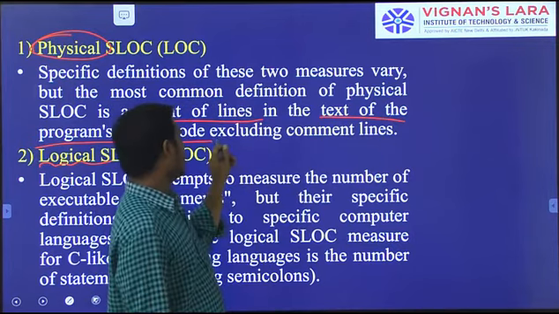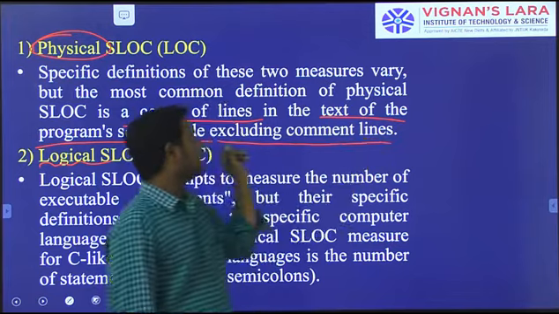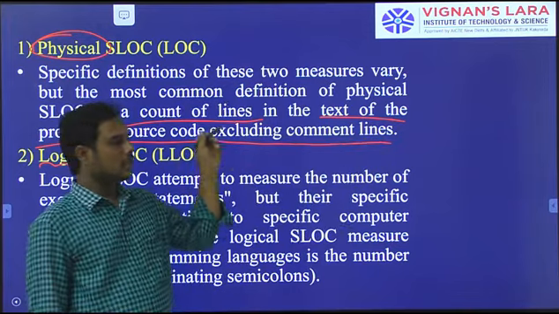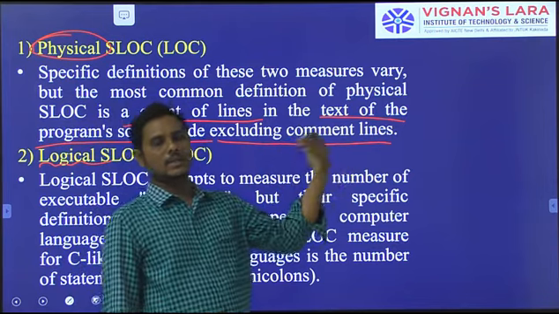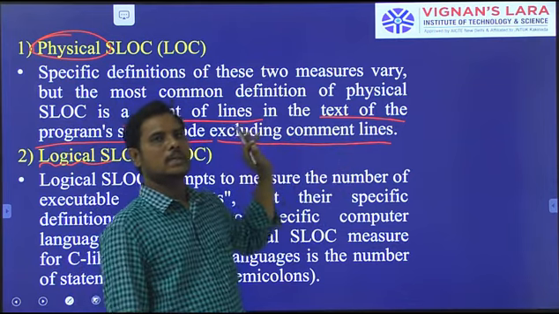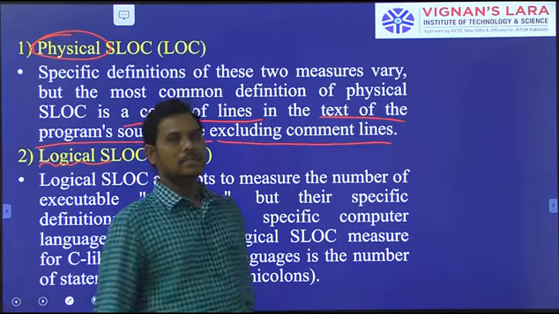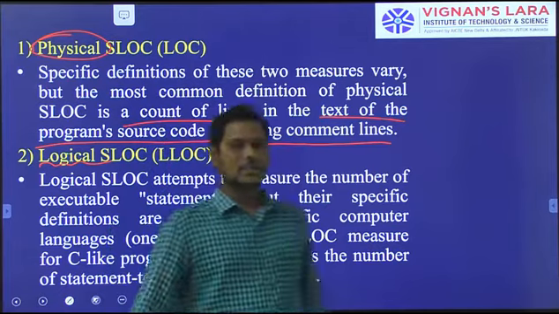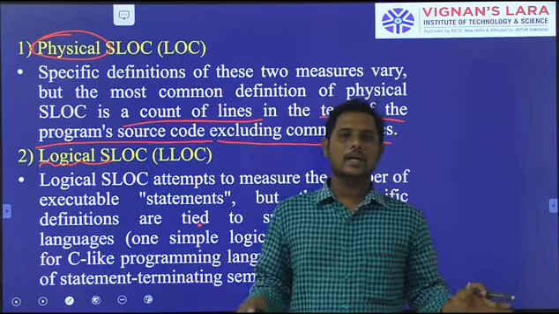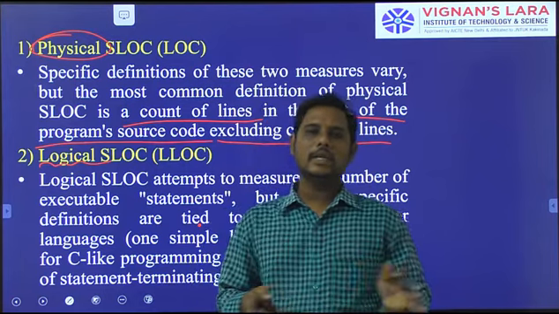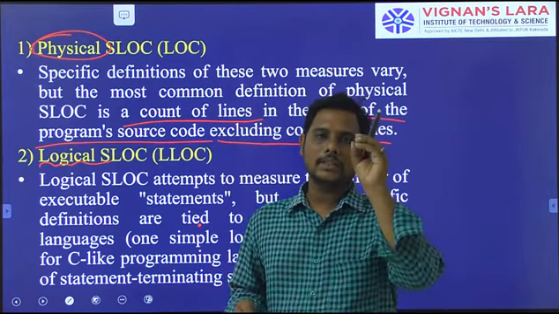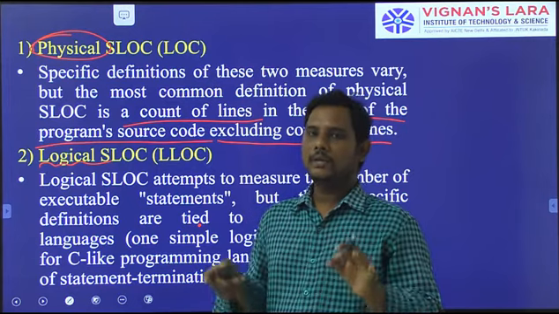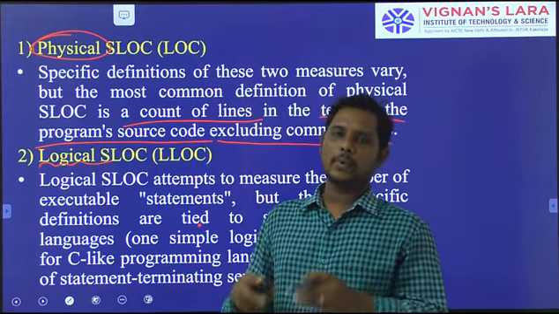So not only executable lines; the lines of code also contain comment lines and empty lines, and all of that is counted in physical SLOC. Whereas for logical SLOC, we need not consider comment lines, empty lines or unused data. Only the logic of the program, meaning executable statements, is considered to calculate the project estimation.